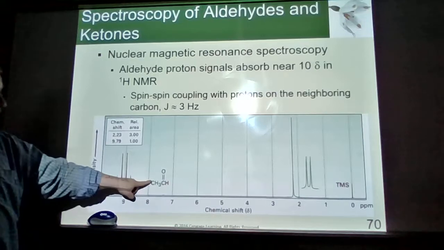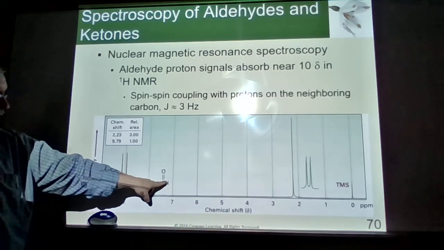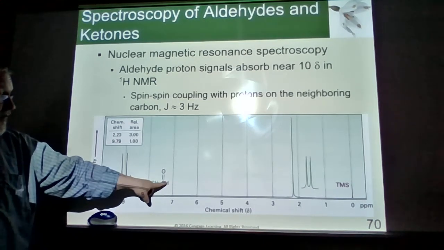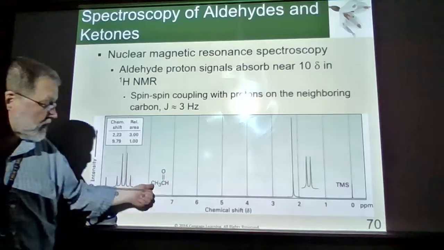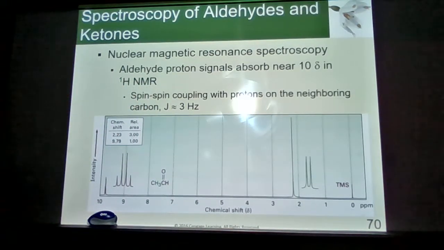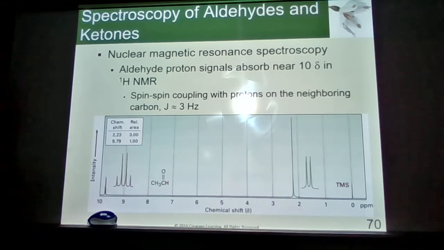Here we have the CH3 of this acetaldehyde. It's split into a doublet. We have 1 magnetically non-equivalent neighbor, N plus 1. If N is 1, 1 plus 1 is 2, so the hydrogens here are split into a doublet. So the aldehyde between 9 and 10. Anything above 10, you're looking at a carboxylic acid.